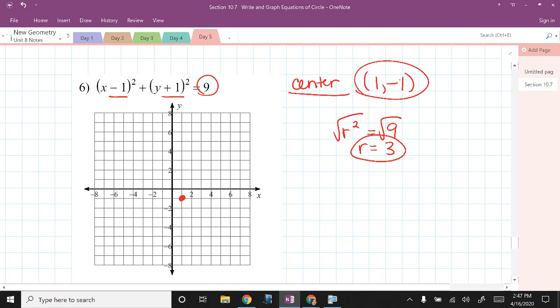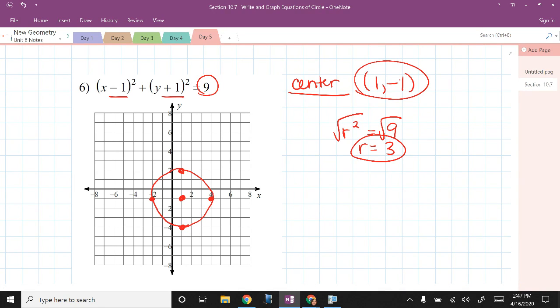So my radius is 3, so that means I can go 3 in all directions from my center. 1, 2, 3. 1, 2, 3. 1, 2, 3. And 1, 2, 3. And then I just connect it and make a circle. My second one looks pitiful. All right. So there is one from the worksheet number 6.